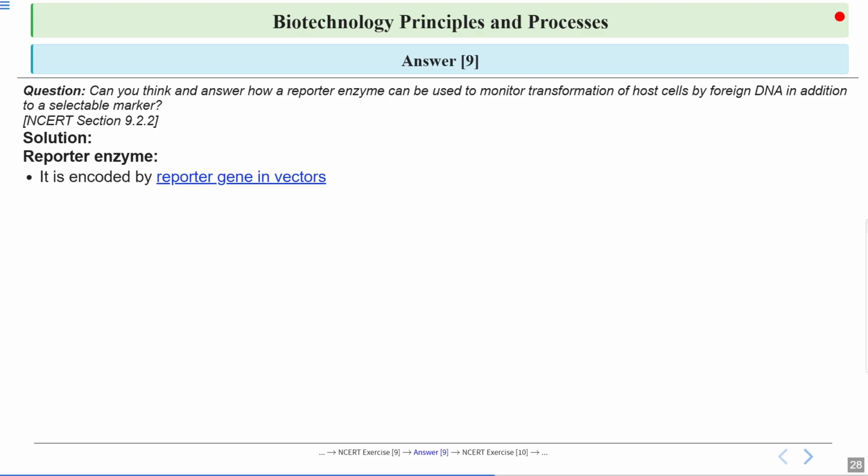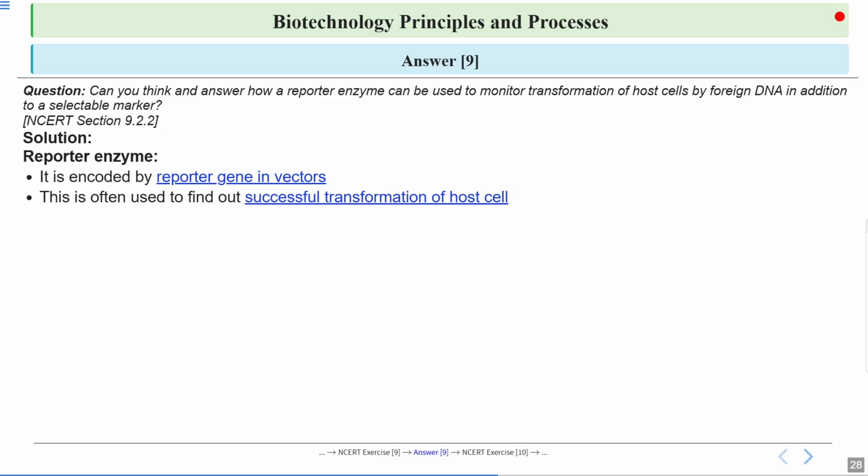Okay, so what is a reporter enzyme? It is encoded by the reporter gene in a vector. This is often used to find out successful transformation of the host cell.